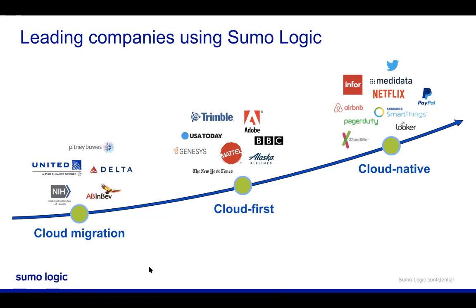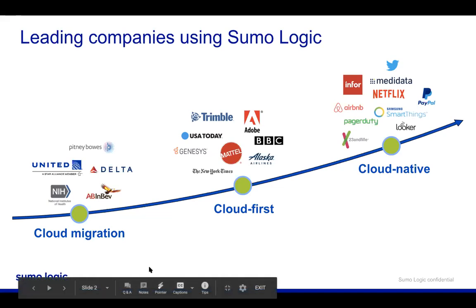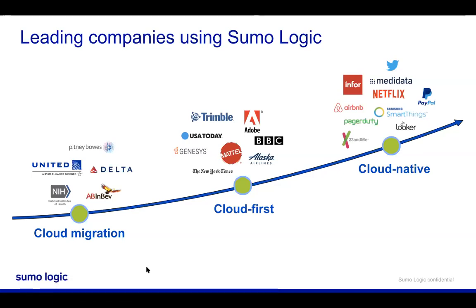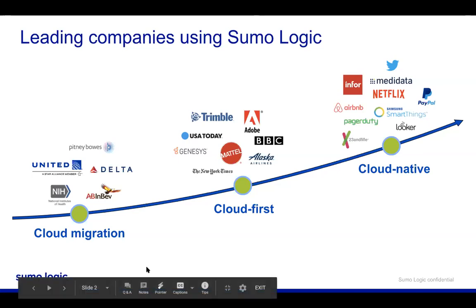As you can see, we've got quite a bit of customers, from older customers that have migrated from on-premise and more traditional infrastructure to now migrating to the cloud, like United and ABI InBev, as well as customers that are built cloud native, like Airbnb and Netflix, who have really built their companies in the sort of modern application infrastructure way.